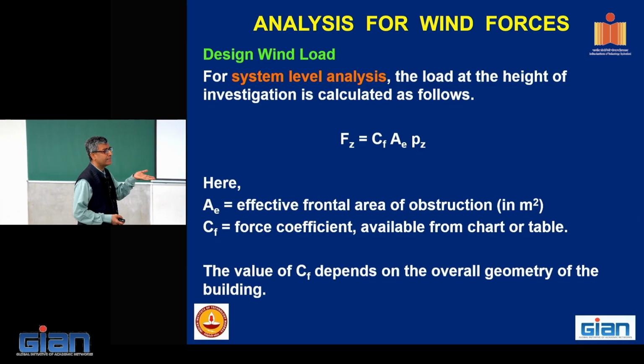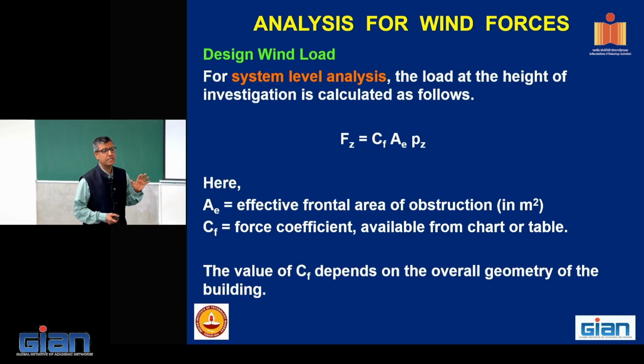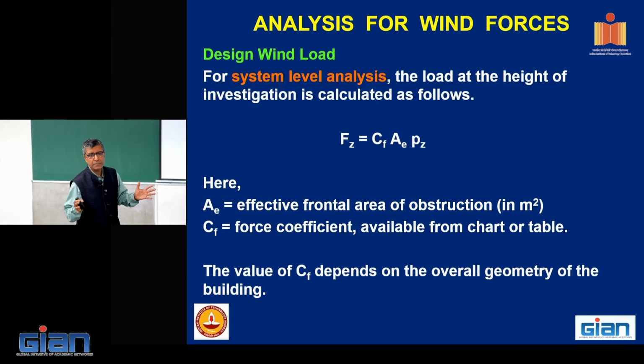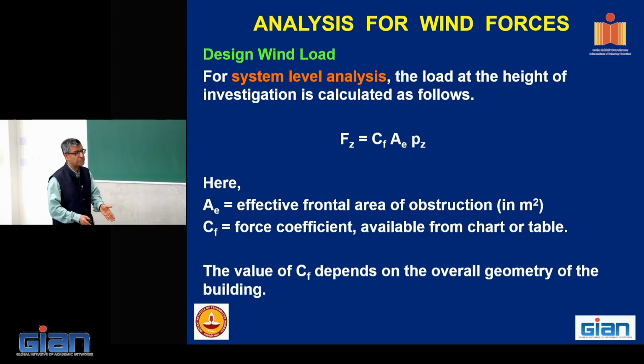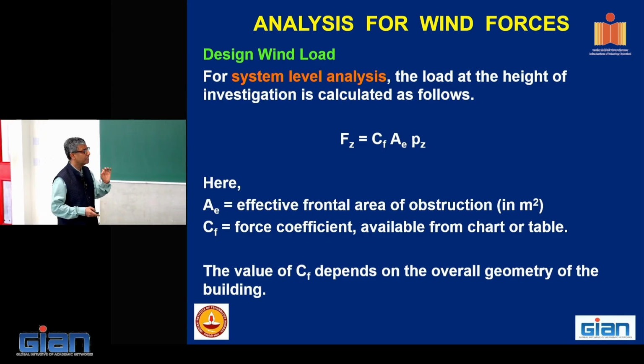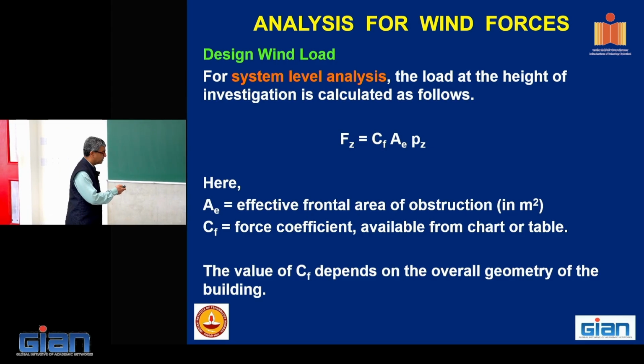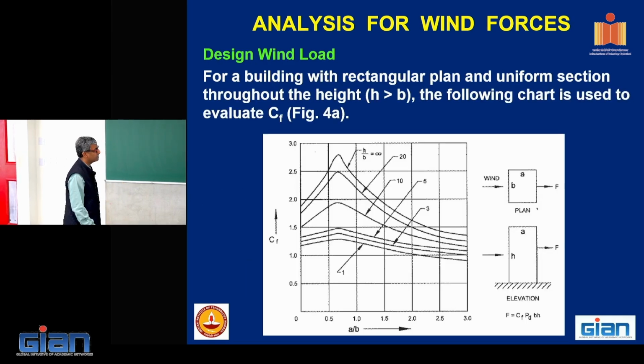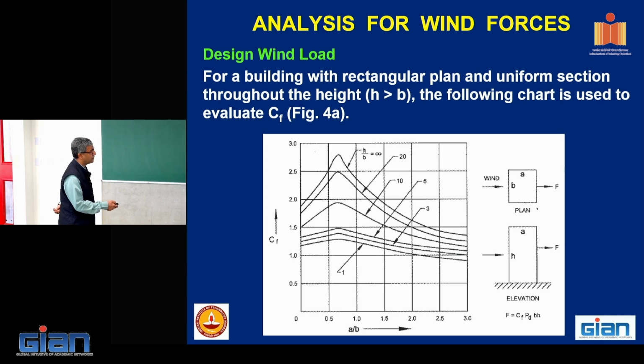Now, again, there are several charts. If the building is more industrial type, then those charts become a bit more involved. But for conventional rectangular block type buildings, the value of CF can be found from a diagram. This is the simplest diagram, applicable for a building which is rectangular in elevation and rectangular in plan.